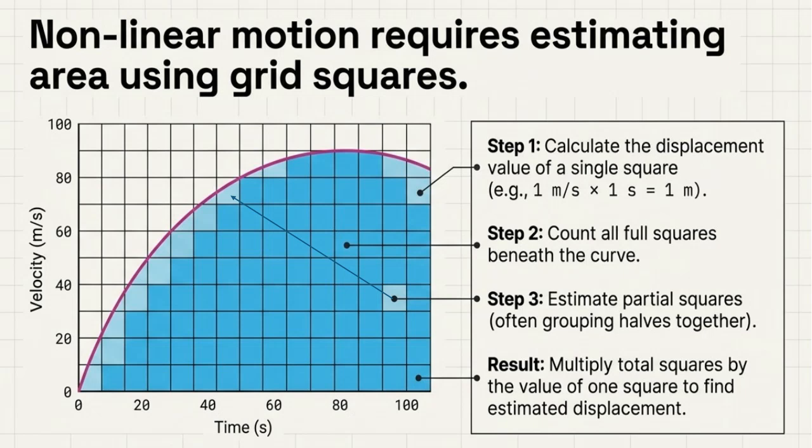For the squares partially covered by the curve, we estimate their combined area, often by grouping halves or other fractions together to make whole squares. Finally, the total number of squares, both full and estimated partials, is multiplied by the displacement value of one square. This method gives us a reasonable estimate of the total displacement when the motion isn't in a straight line.